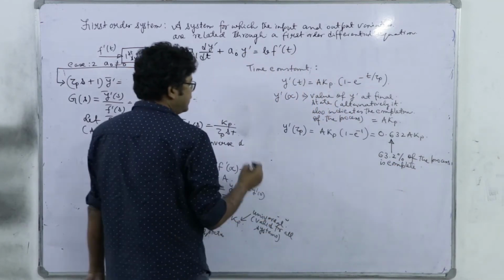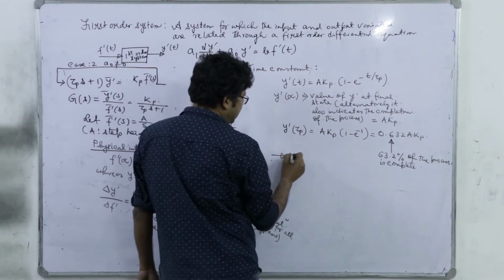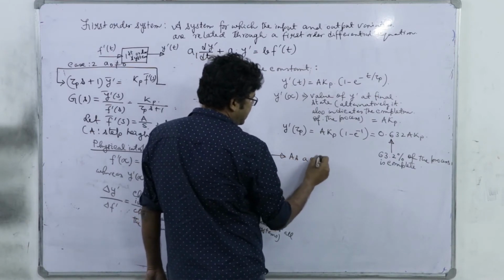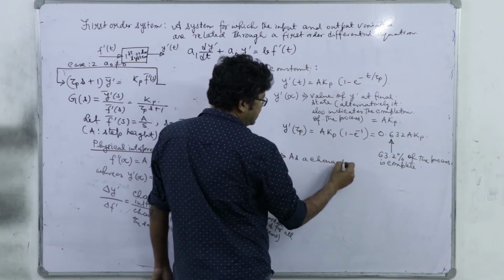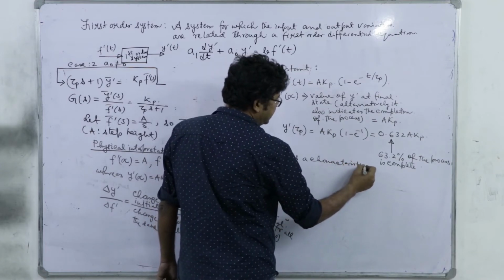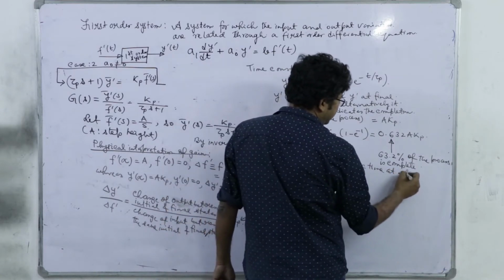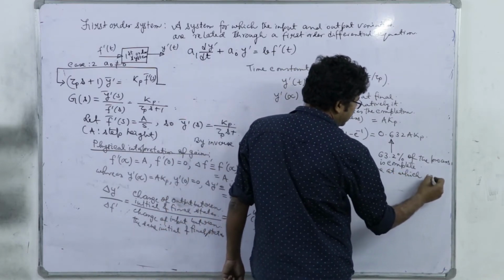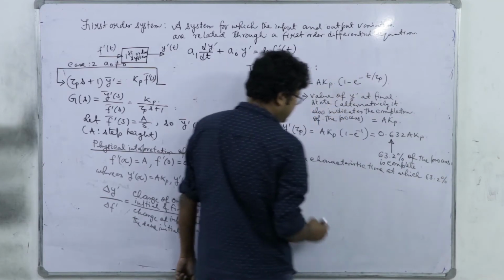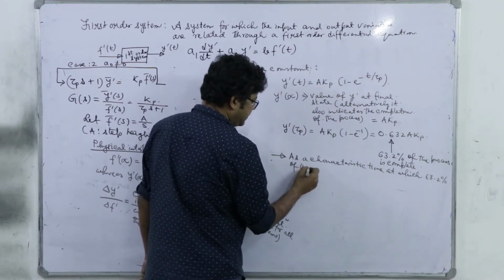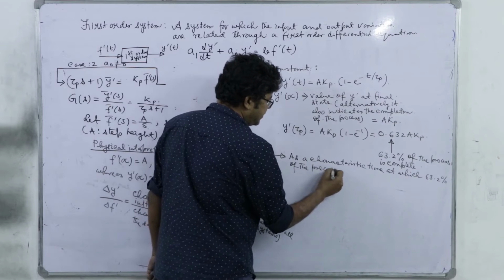So, we can define time constant as the characteristic time at which 63.2% of the process is complete.